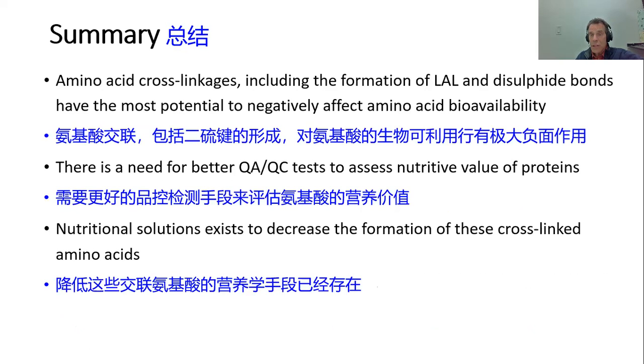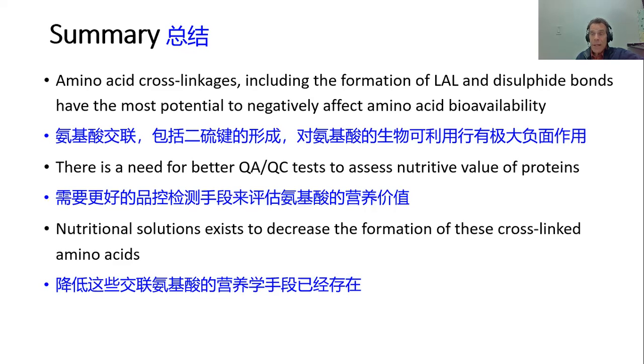Amino acid cross-linkage results in the formation of lysinoalanine, disulfide bonds, and lanthionine, which affect the digestibility and bioavailability of amino acids. There definitely needs to be better quality assurance and quality tests to assess the nutrient value of protein, more than pepsin digestibility, another traditional technique.